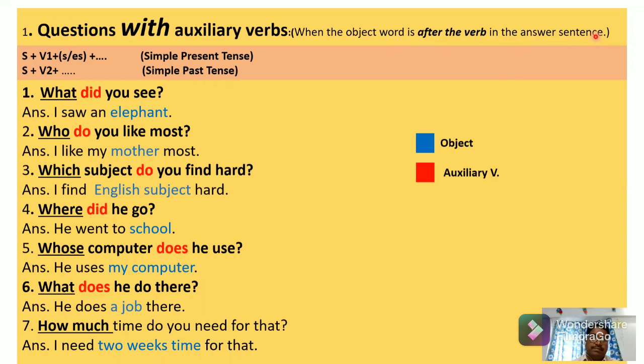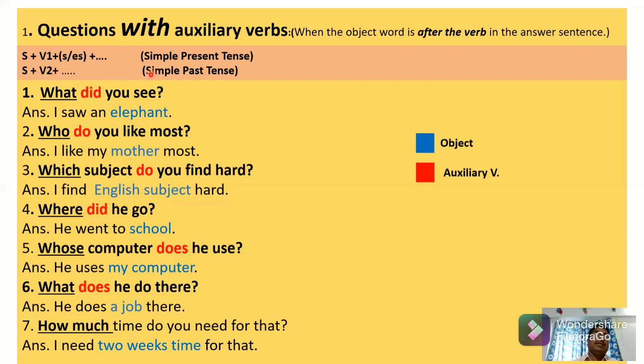This is very important. We need to use auxiliary verbs only in two types of sentences, simple present and simple past tense. In the rest of the tenses, one or another auxiliary verb is already there.